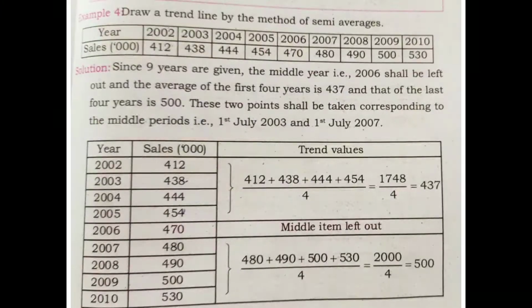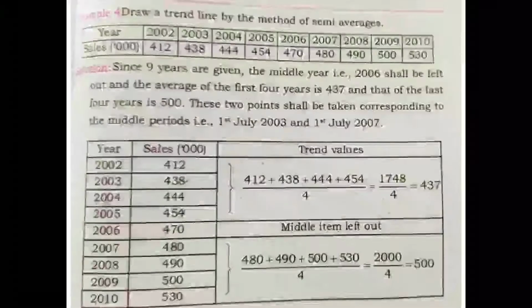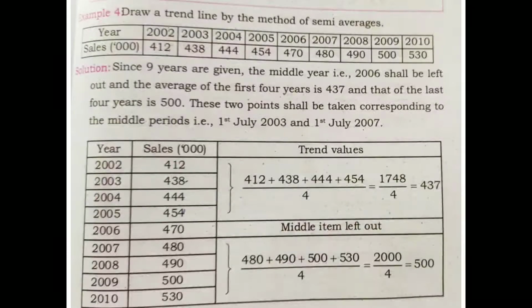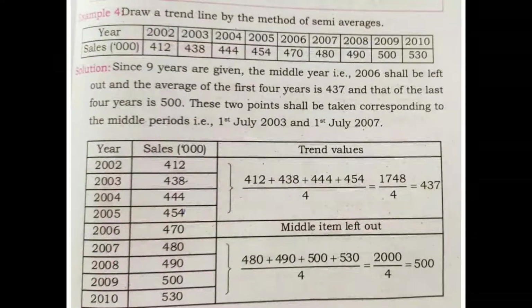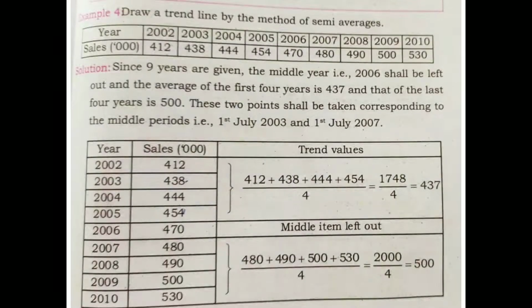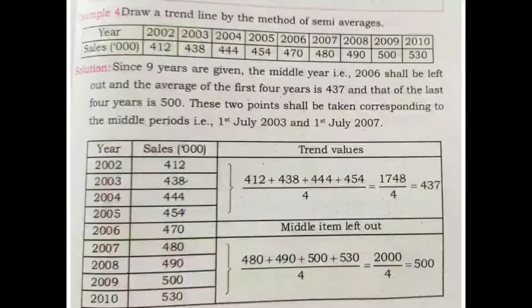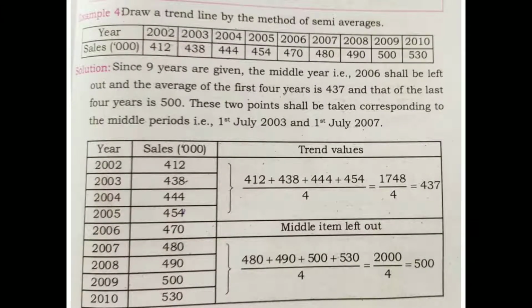Next, example 4. Draw a trend line by the method of semi-averages. You see the data from 2002 up to 2010 is given, and there are 9 years.